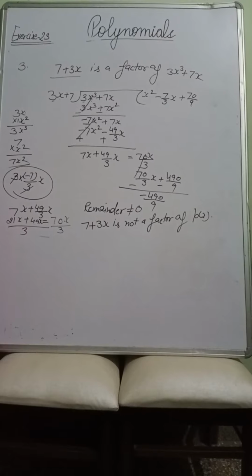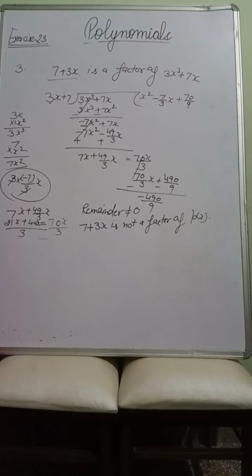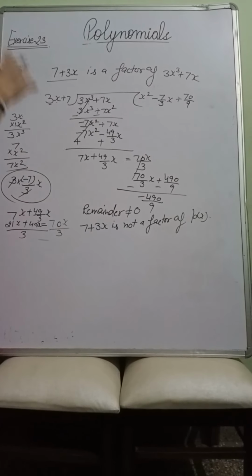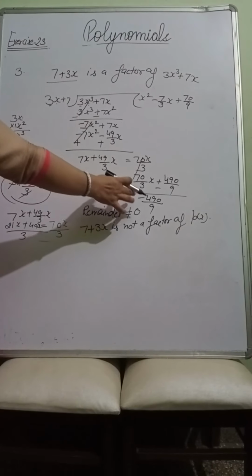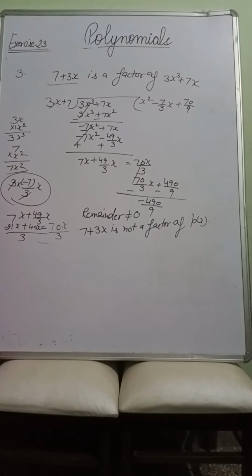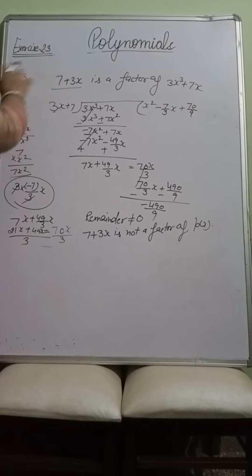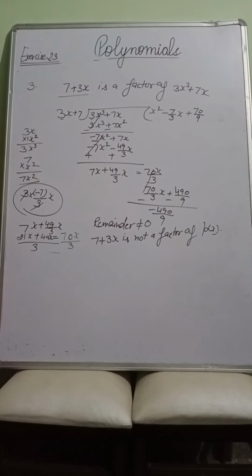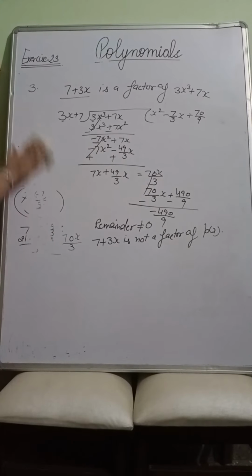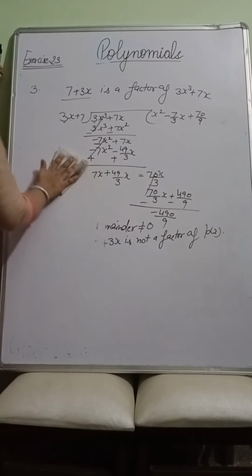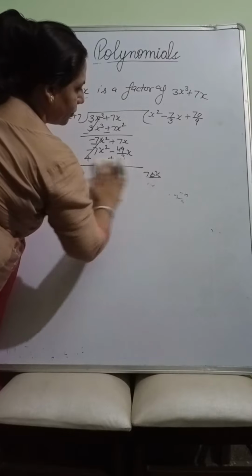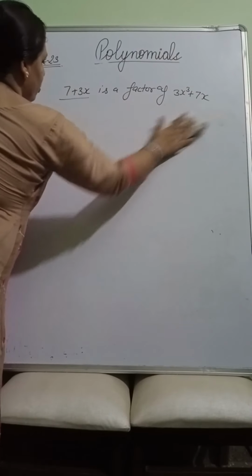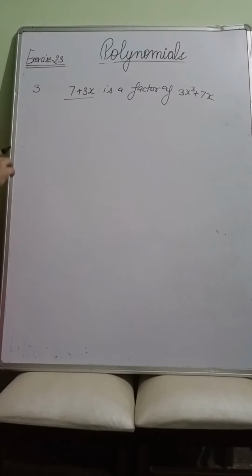Now I will tell you another method of finding the remainder of this polynomial by dividing the given polynomial. You can use this one method, otherwise you will use the remainder theorem for finding the remainder. So students, do the same thing.